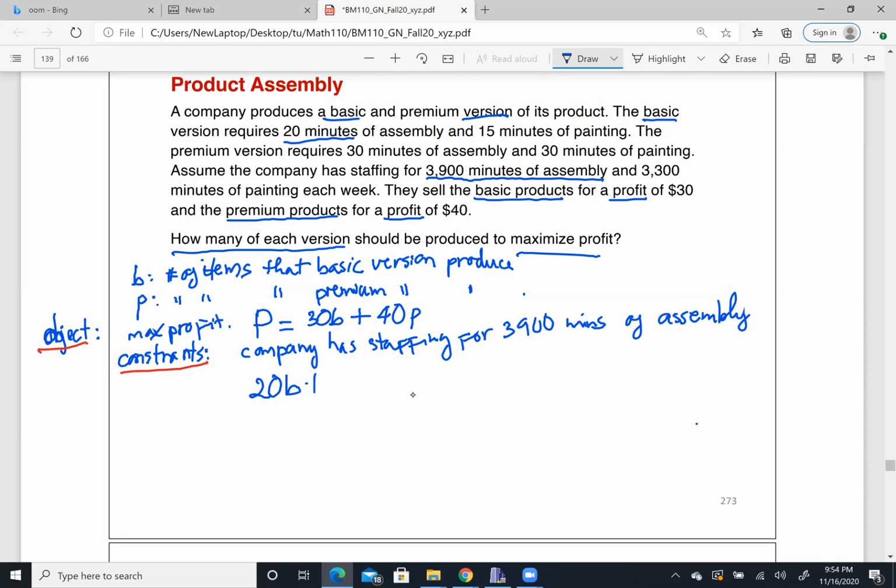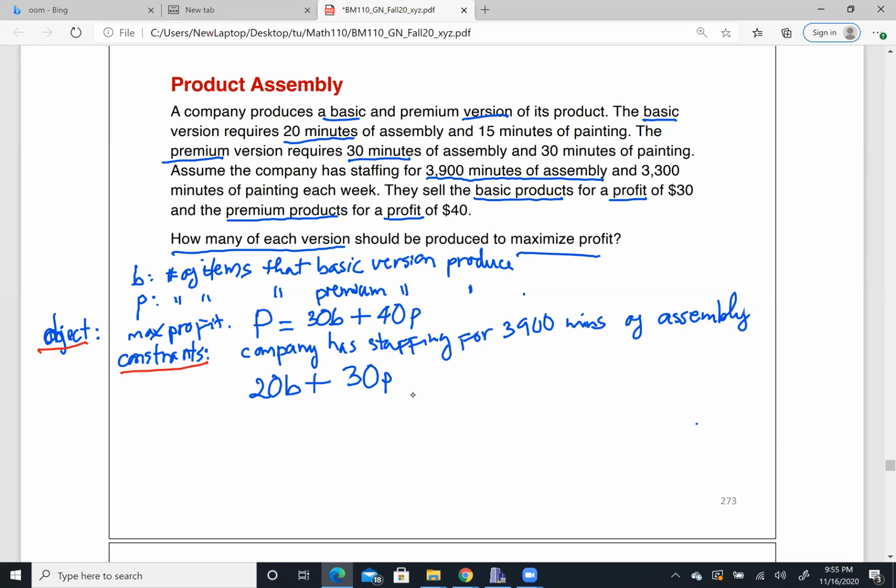And plus 30 minutes for premium, so 30 times P. And staffing for 3,900 minutes, so this expression should be less than or equal to 3,900. Okay. That is the first constraint.